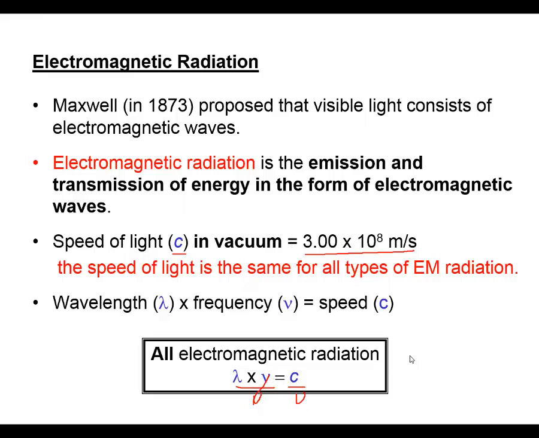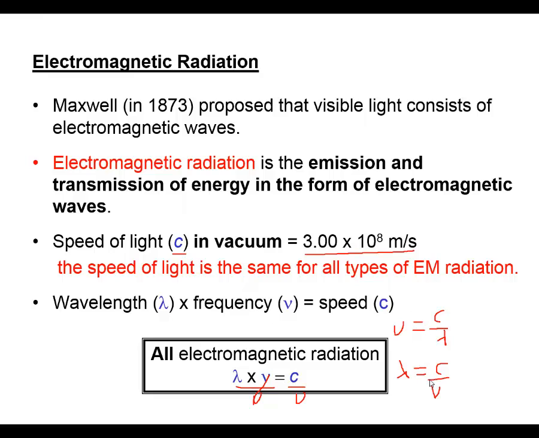And we would generate a new equation: the wavelength of light is equal to the speed of light divided by frequency. If I wanted to solve for frequency, I could say frequency is equal to the speed of light divided by wavelength.